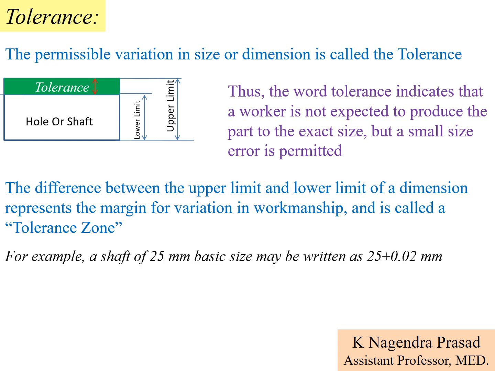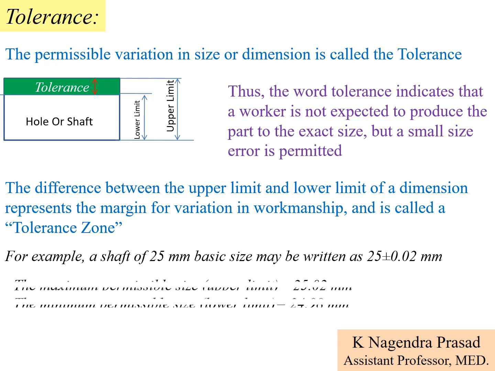Let us consider an example of a shaft whose 25 mm basic size may be written as 25 plus or minus 0.02 mm. Here plus 0.02 mm represents the maximum permissible size, that is the upper limit, and minus 0.02 mm represents the minimum permissible size, that is the lower limit.